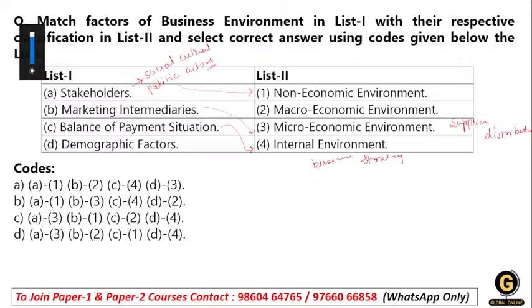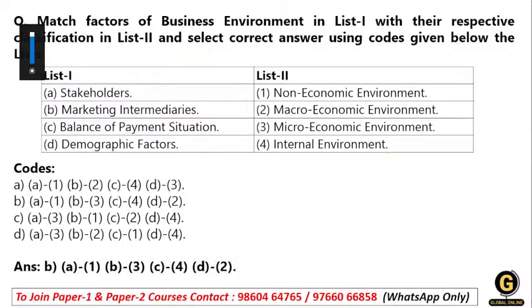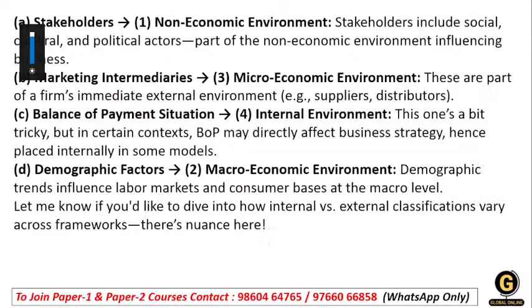Then demographic factors, you can easily match with the macroeconomic environment, because demographic trends influence the labor market and consumer base at a macro level. So you can mark option number B as the right answer for this question.